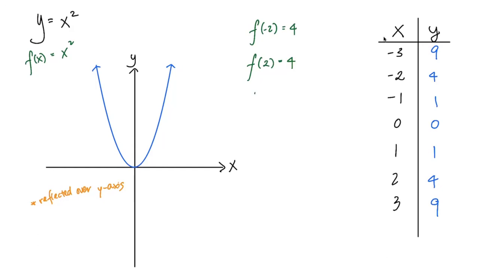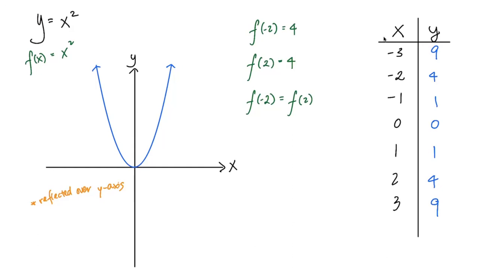So we can make a statement right here. We can say f of -2, which is 4, is equal to f of 2, which is also 4. It's a fact, a true statement. So that's why we could write this down.